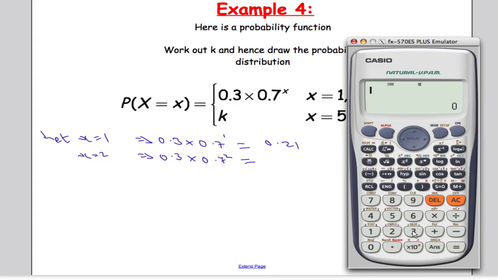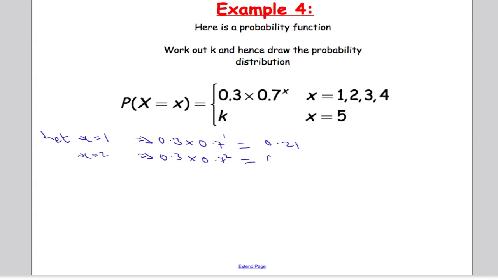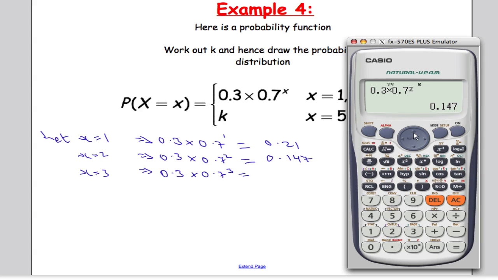Let's take the calculator out for this. 0.3 times 0.7 squared is 0.147. Okay, when x equals 3, we get 0.3 times 0.7 cubed. I'll just delete that and change it to cubed.